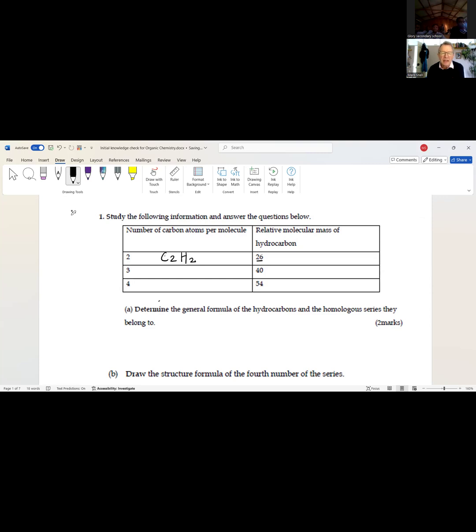So if you do the same for the 3 and the 4, and then you work out the general formula, so it's going to be CnH something n. Let's see if we can work out what it is. See if anybody can do this.